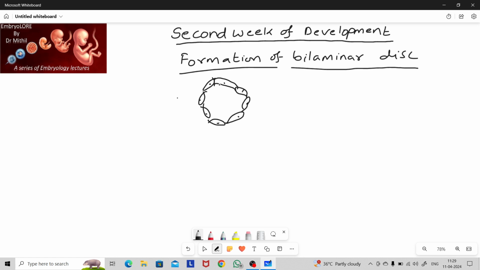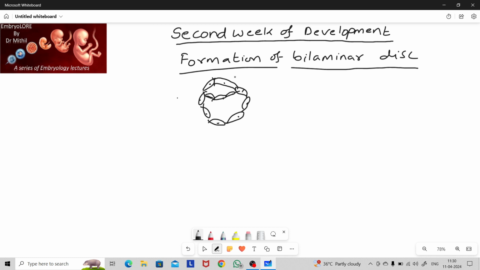And there will be the inner cell mass at this end, and there are the cuboidal cells. So there is a differentiation here. Low cuboidal cells, as we have seen in the previous one.